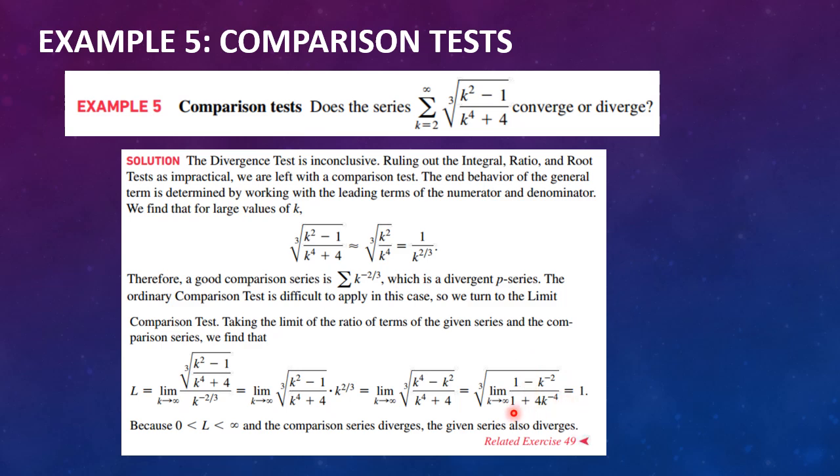And then as k goes to infinity, we have 1 over infinity squared, which of course goes to 0, 4 over infinity to the 4th power, which goes to 0. And so we just get the cube root of 1 over 1, which of course is equal to 1. And because this value of L is between 0 and infinity, and the comparison series diverges, the given series also diverges.